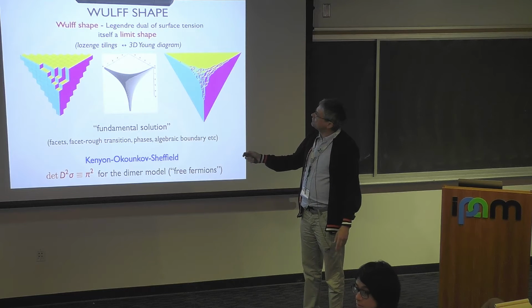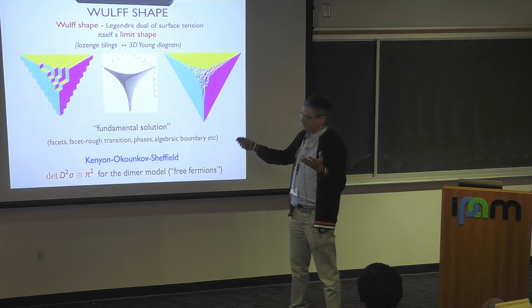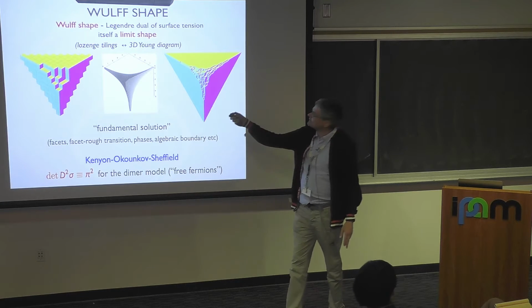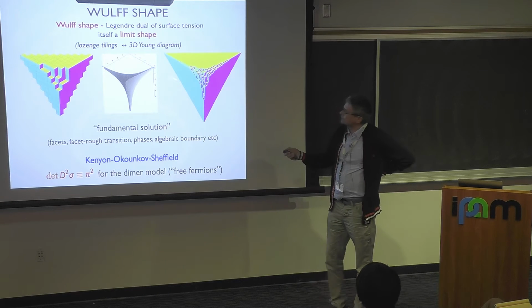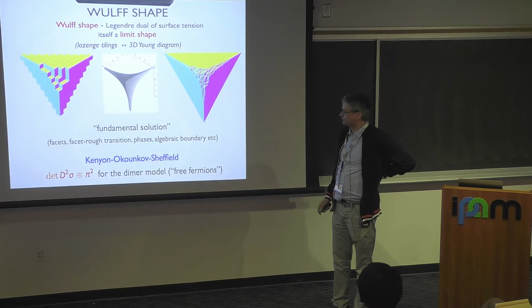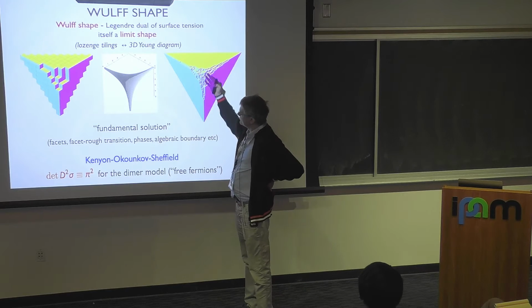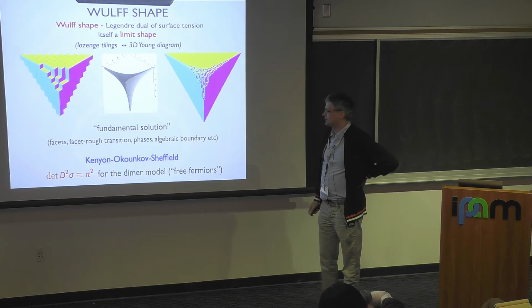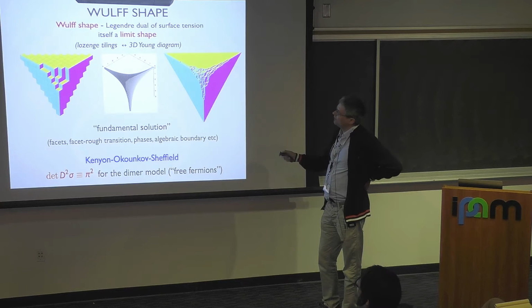And in some sense, the Wulff shape comes before the surface tension, because, of course, for a particular model, you have to solve for this surface tension, and this Wulff shape itself arises as the ultimate limit shape of the model. So for the lozenge tiling, this would be the 3D Young diagram limit shape. And you can see many of the features already in this solution: the formation of facets, the transition between facet and rough regions, connections to algebraic geometry and so on.